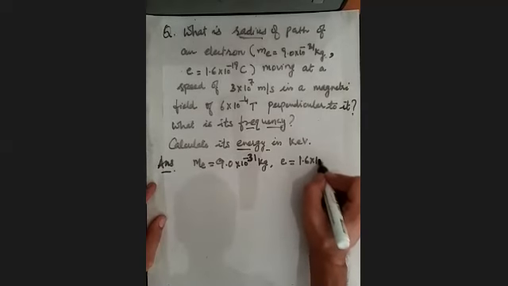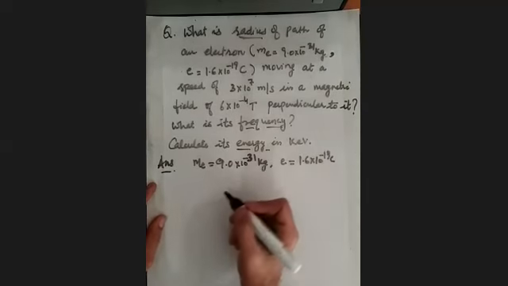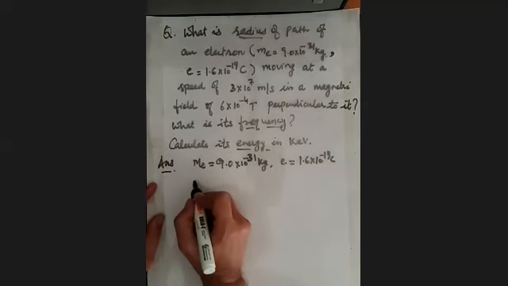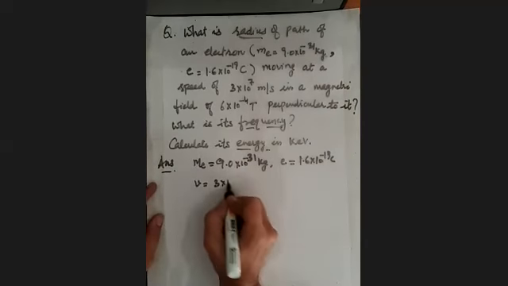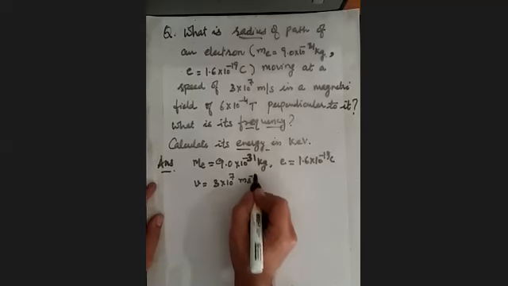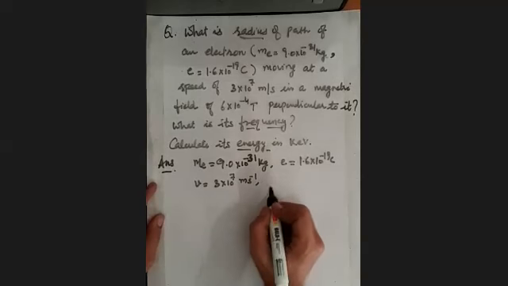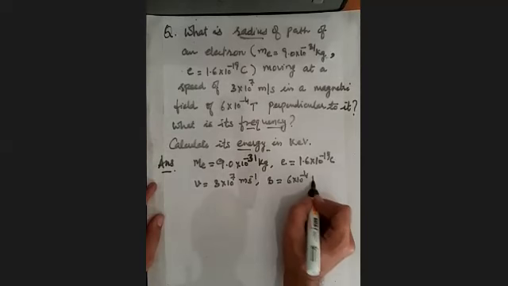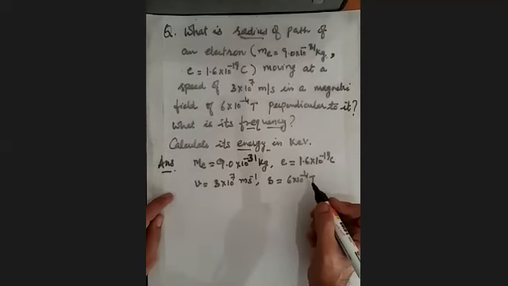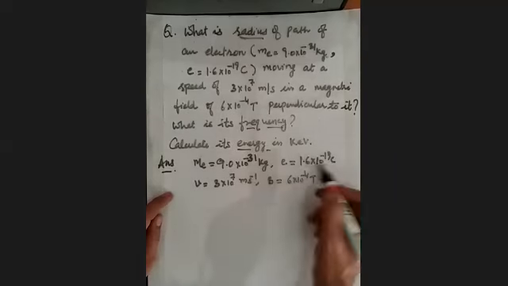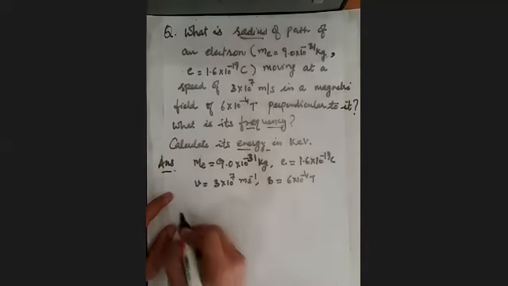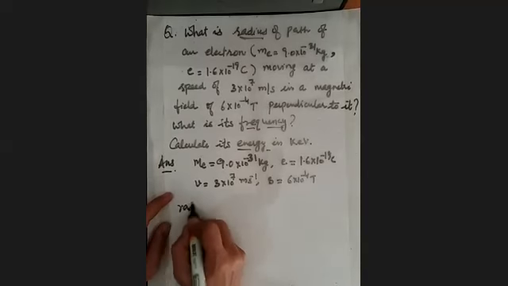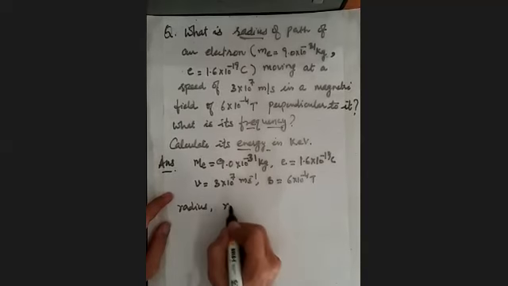The magnitude of charge on an electron is e equal to this much, and the speed v is equal to 3 × 10^7 meter per second, and B, the magnetic field, 6 × 10^-4 Tesla is given. It is always a good practice to write down all the values in front of you so that you don't forget anything.